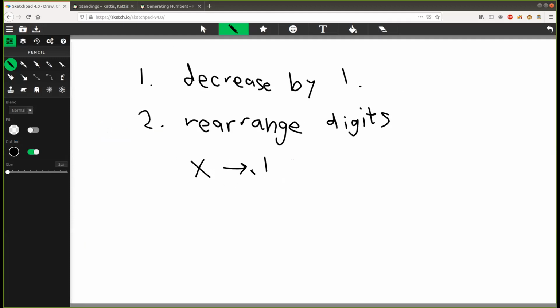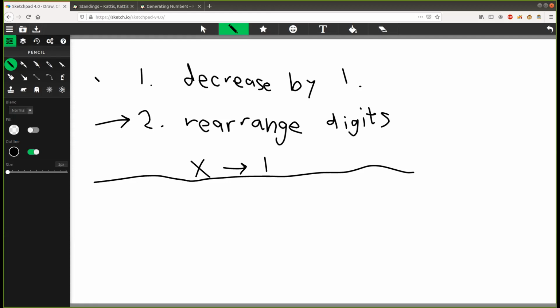So how can we do this? I found that maybe the best way to think about it is, in order to bring it down to 1, we must first decrease the number of digits, right? Since we can't create leading zeros, rearranging the digits can never decrease the number of digits.